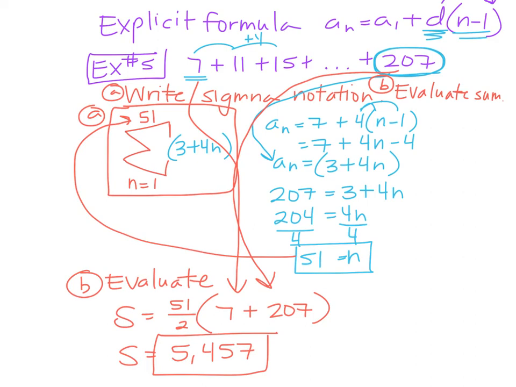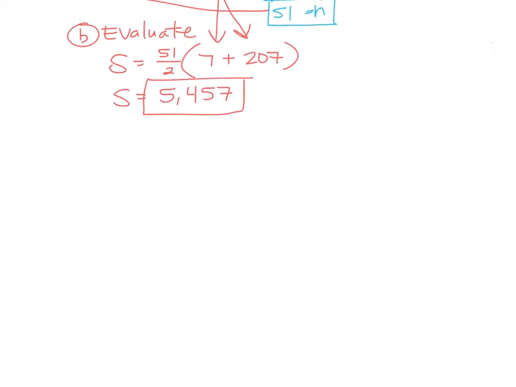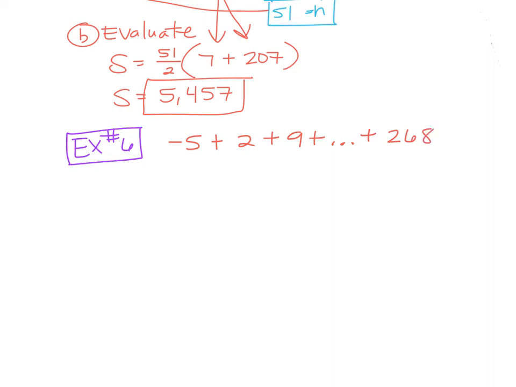Okay. All right, last one. I think you should try this one out. Pause me because I'm not going to stop, but once you see the whole setup, pause me and try it yourself. See if you can come up with it. This is your starting point. You have -5 plus 2 plus 9 plus ... plus 268.